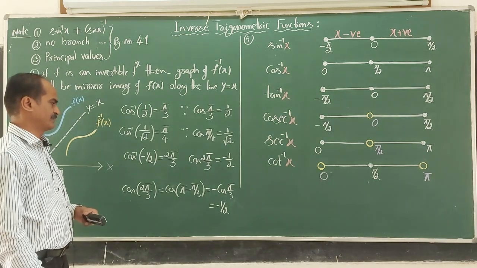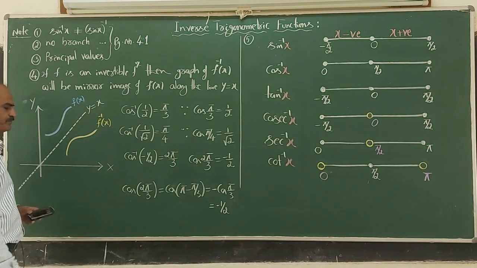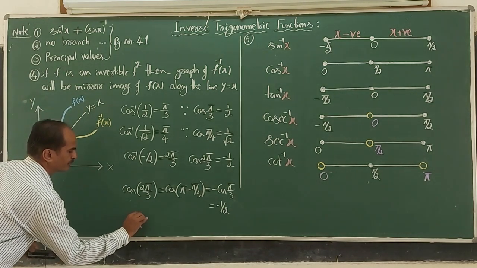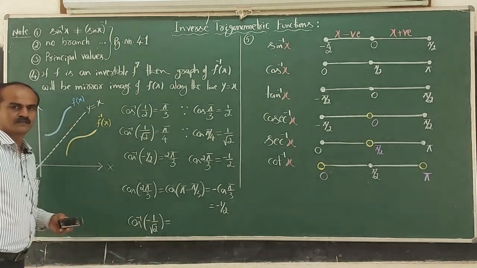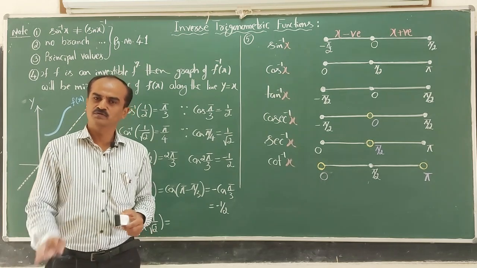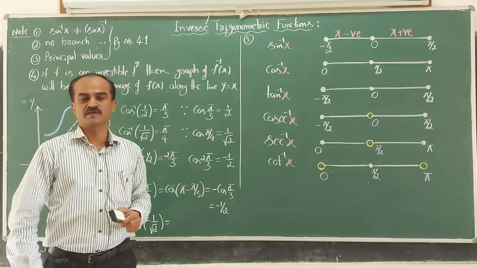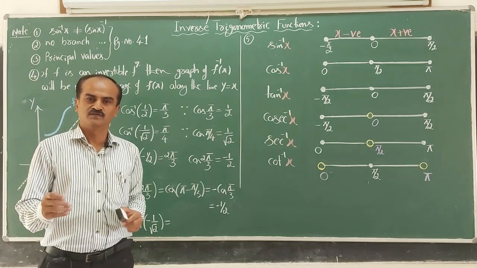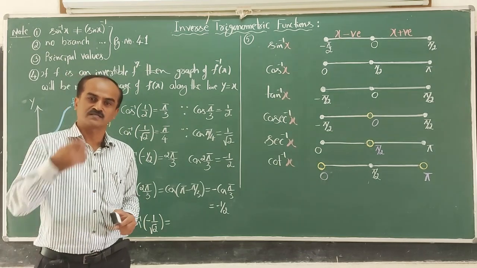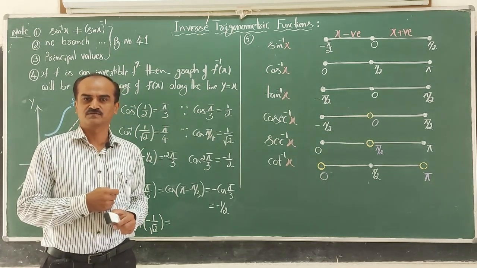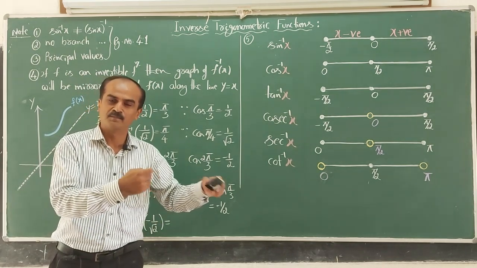Similarly, if I take cos inverse of minus 1 by root 2. Cos inverse of plus 1 by root 2 is pi by 4, an acute angle. Cos inverse of minus 1 by root 2: now, I have to choose an angle such that cos of that angle gives us minus 1 by root 2. Cos function gives us a negative value whenever the angle lies in the interval pi by 2 to pi.